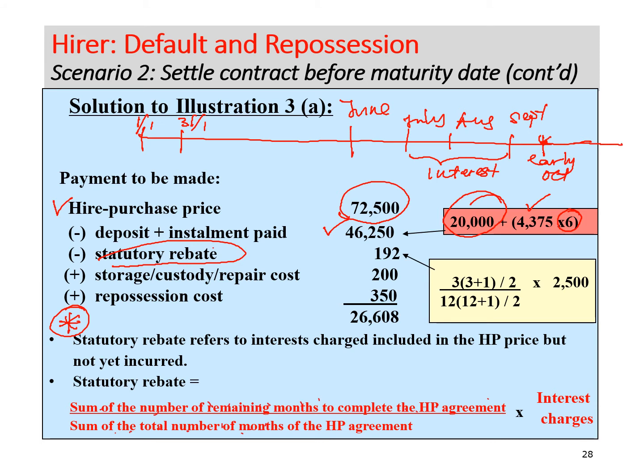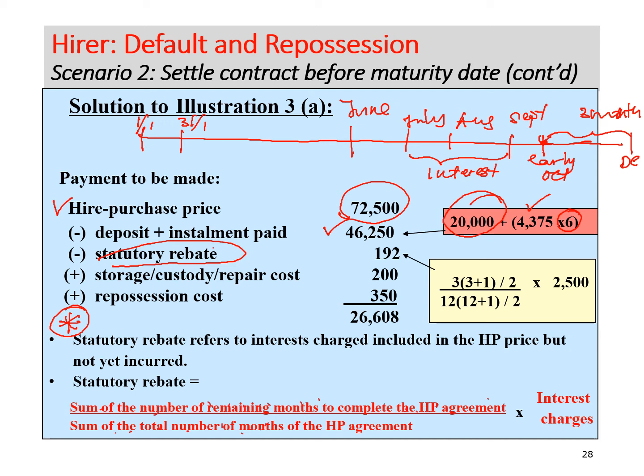The contract actually ends in December, so for the 3 months from October to December, the company does not have to bear the interest because it settled the contract in early October.